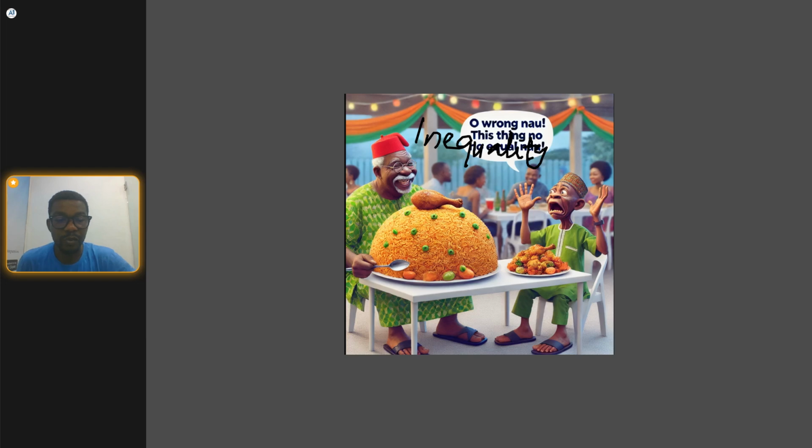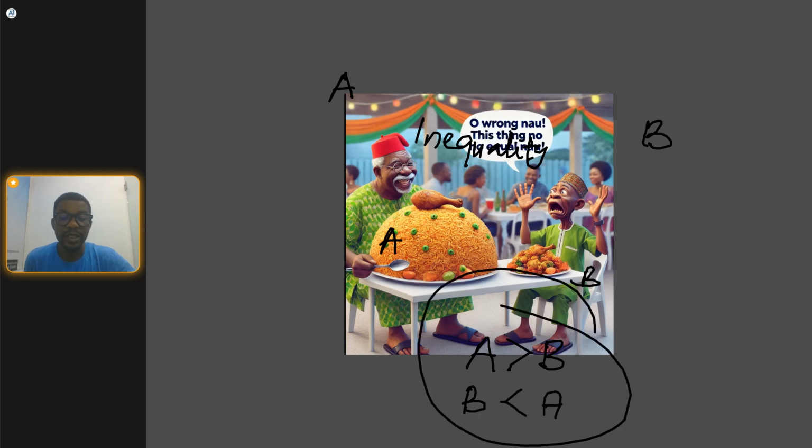This was the picture we used to explain the concept of inequality, where we are referring to this man as Mr. A and this man as Mr. B. And we said the portion of food given to Mr. A is greater than B because the portion of his food is actually more than that of B. And also we said that B is less than A. So with this, we have the concept of inequality.